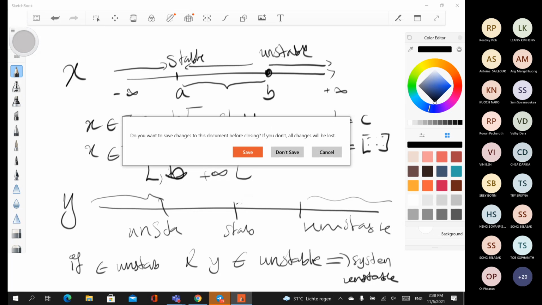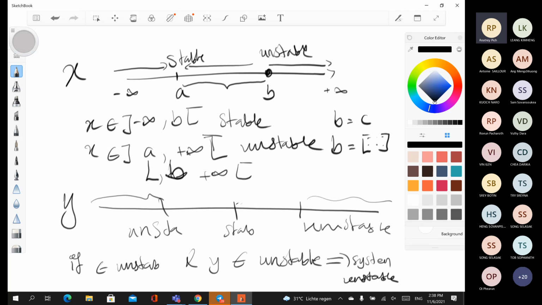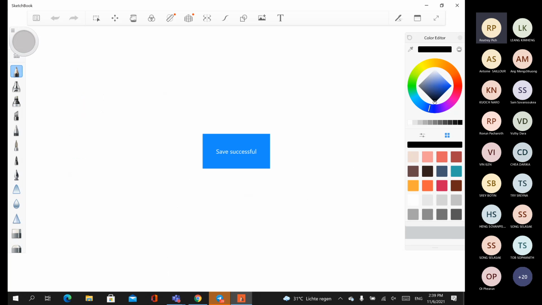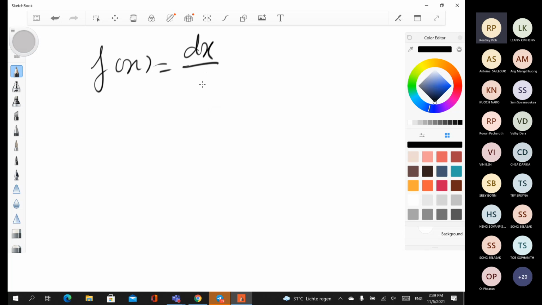Because in the sample of practice, I just put for you only, sorry, f(x) equal to dx over dt equals kx minus x here. But for the real exercise, it's not like that. It's just an example to make you understand, based on this formula, how can I draw the phase diagram?